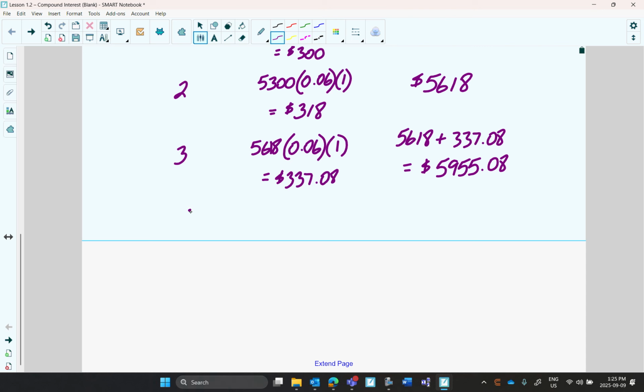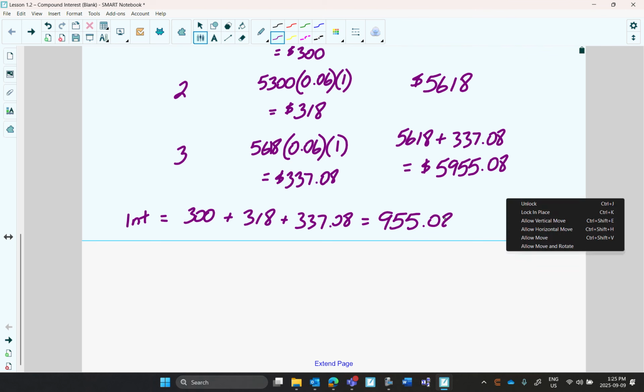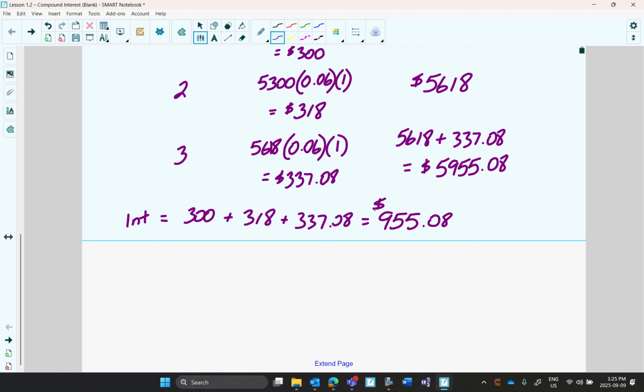Well, he made 300 the first year. He made 318 the second year. He made $337.08 the third year. So his interest, he made a total of $955.08. Whereas with the simple interest above, he only made $900.